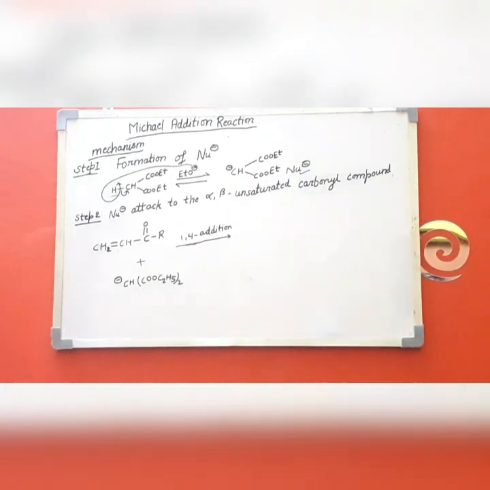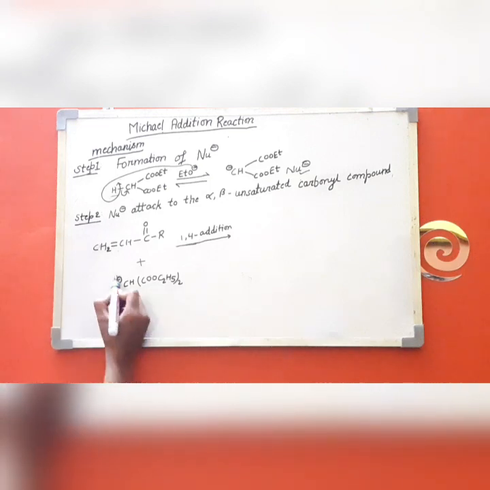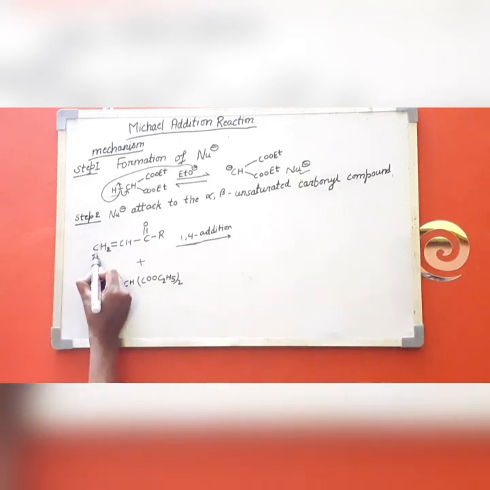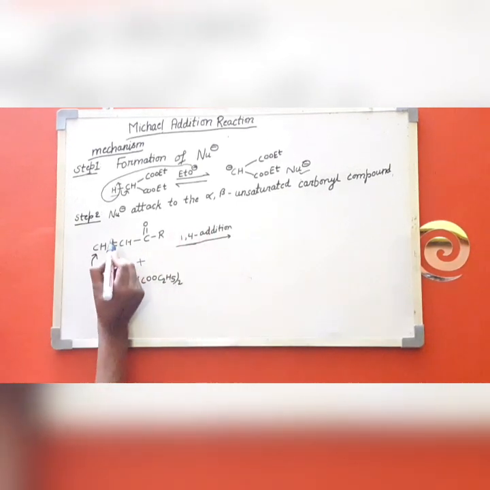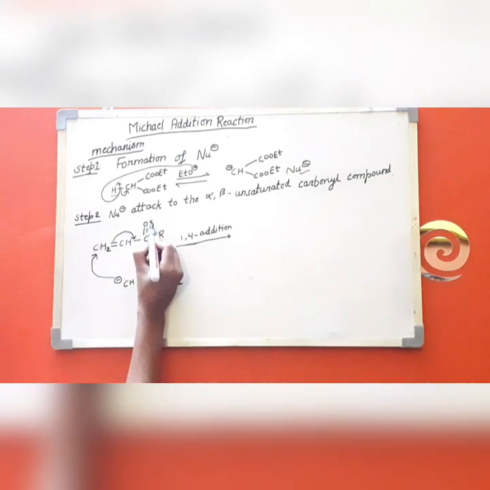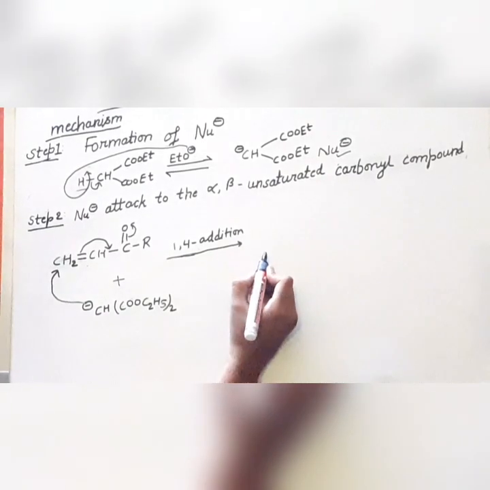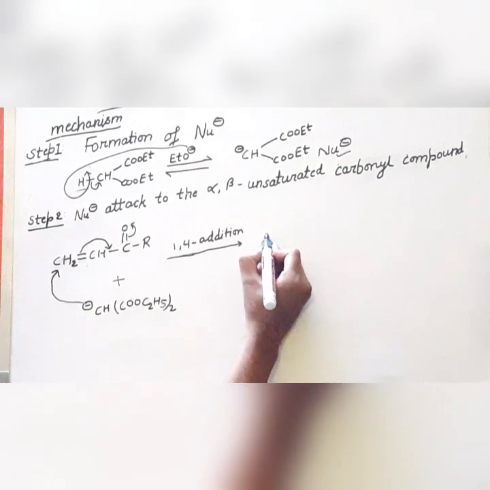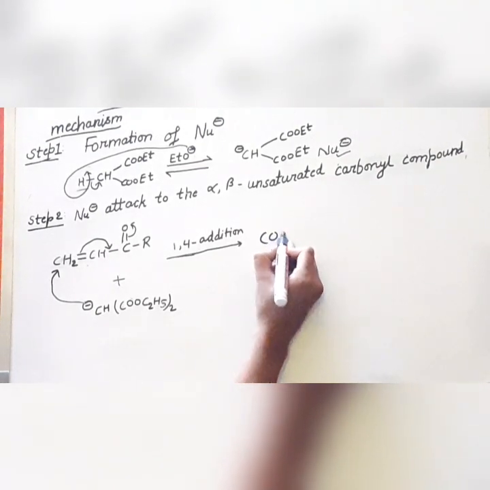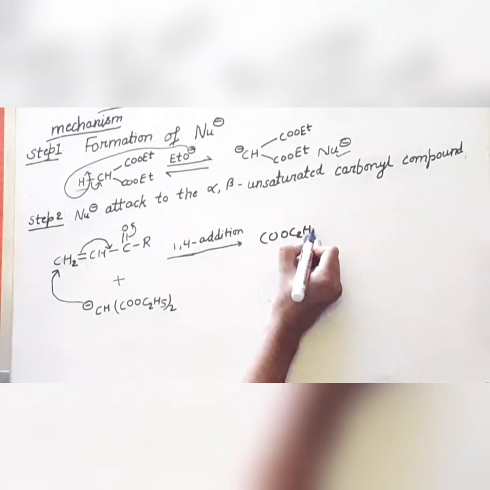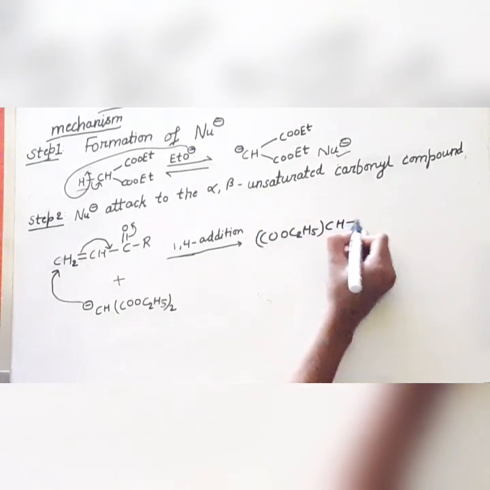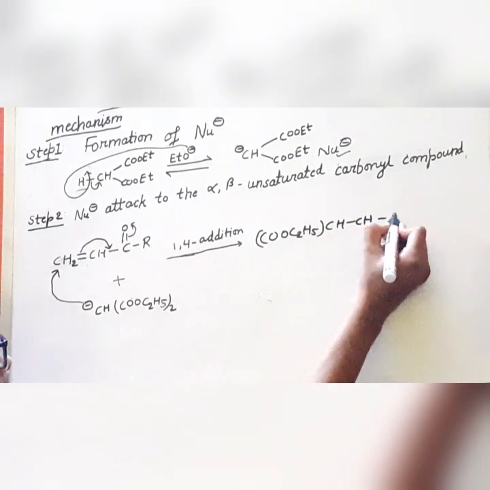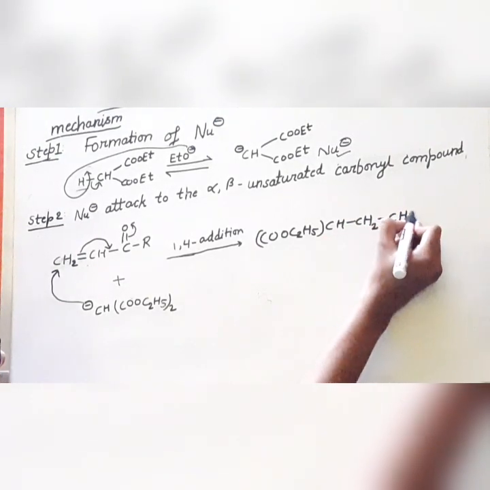And further, in the second step, this nucleophile will attack at the fourth position of the alpha beta unsaturated carbonyl compound, and this double bond will shift here. So in this case, we get the enolate ion. This enolate ion will be stabilized.